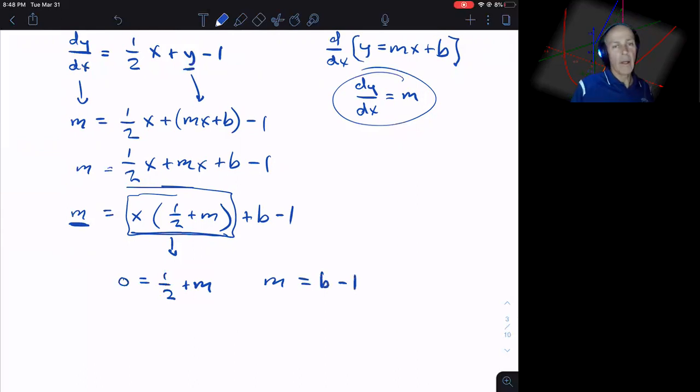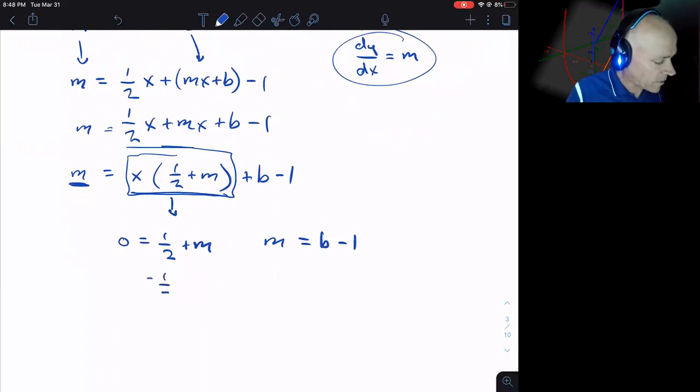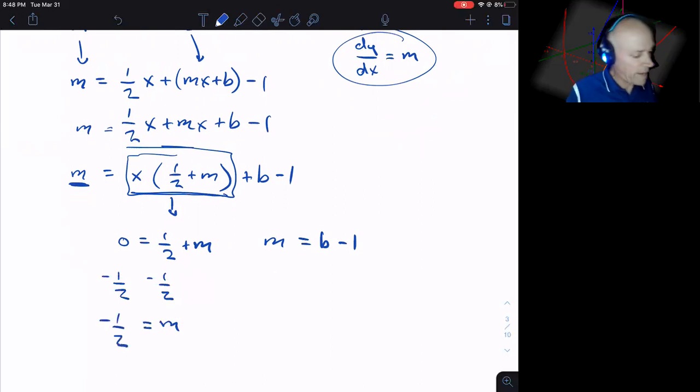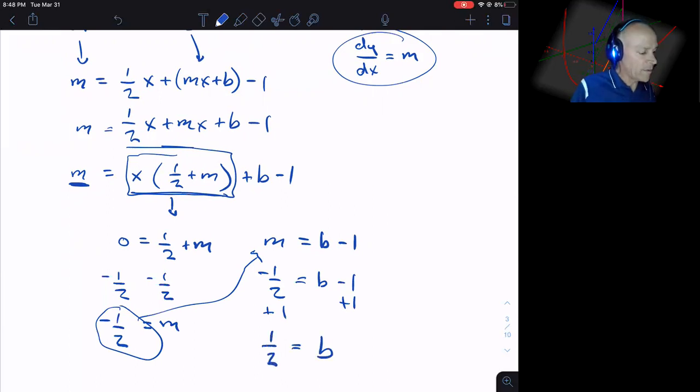Now I've got two equations and I can solve. I can subtract 1/2 from both sides, so m is equal to -1/2. Now I can plug that in over here: -1/2 is equal to b minus 1, add 1, and I get b is equal to +1/2. So those are my values for m and b.